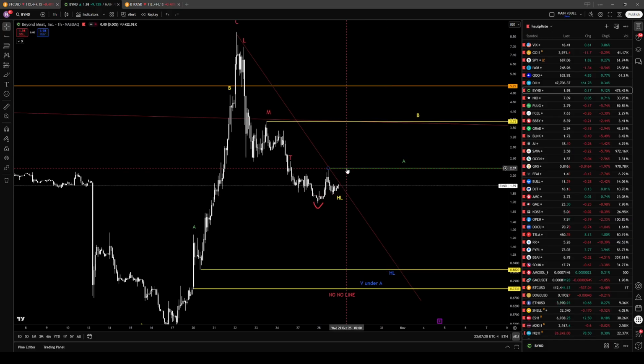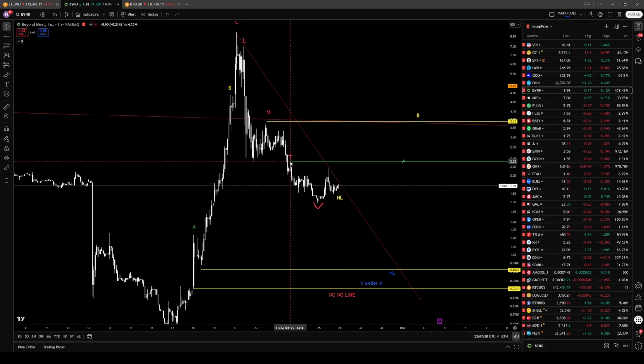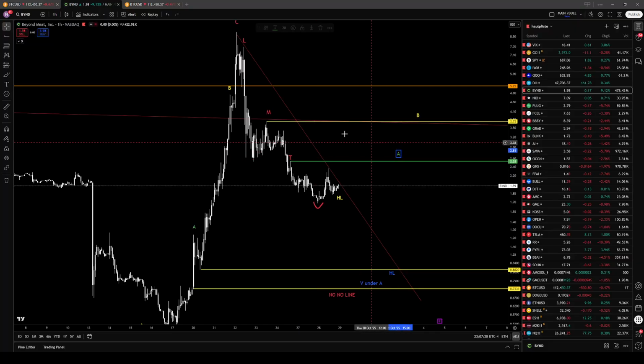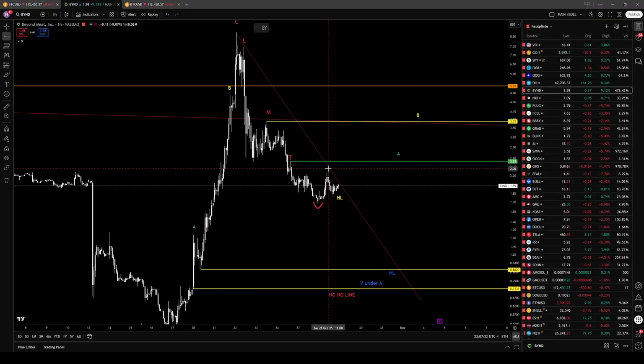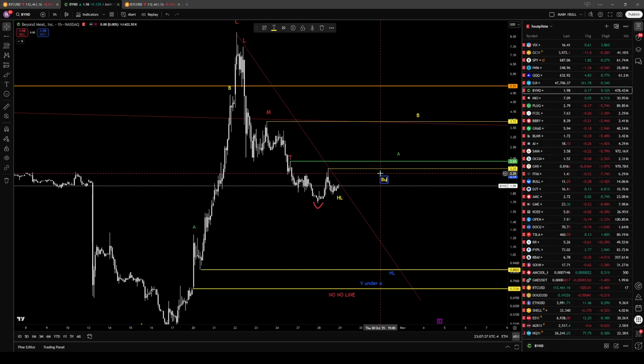Everything over 233 or 237 would be bullish. Your A price target would be this. This here would be your bull line. And you're ready to go.